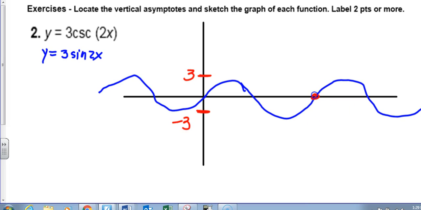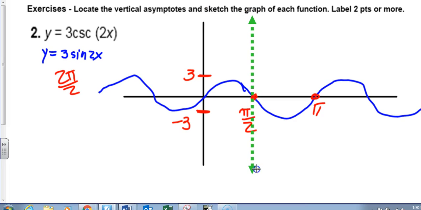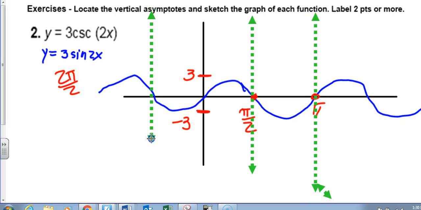Where does it finish one cycle? 2 pi divided by 2 makes this pi, which makes this pi over 2. Where are the asymptotes when I go to do the reflection then? Everywhere that this had zeros. So at pi over 2, pi, negative pi over 2, 0, there's 1. Oh my goodness, I don't know what I did there.